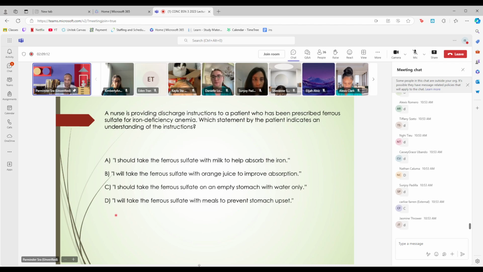Now, ferrous sulfate, if you consider D as an option, will take the ferrous sulfate with meals to prevent stomach upset. Well, they may have stomach upset and it can be given, but that's not the primary concern and that's not the primary recommended instructions. Okay.